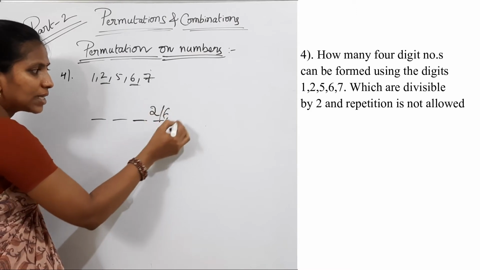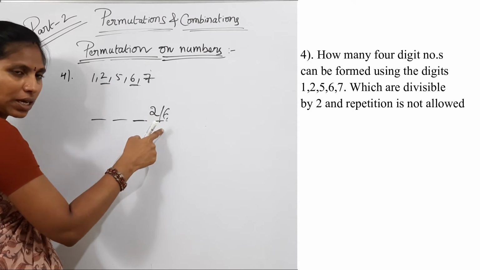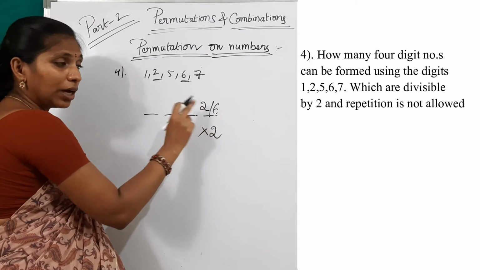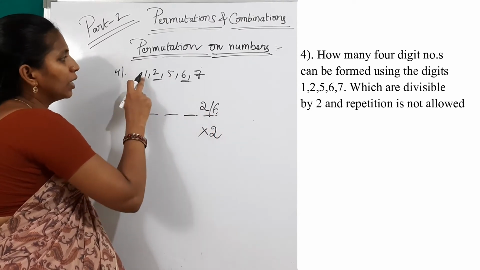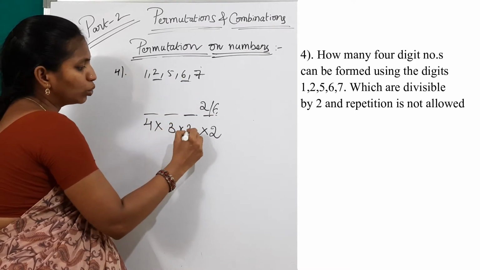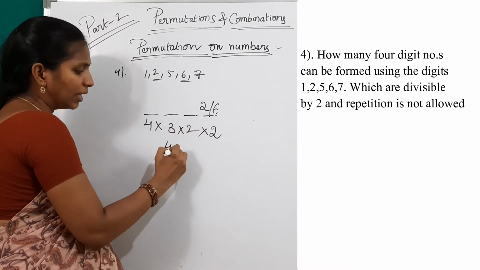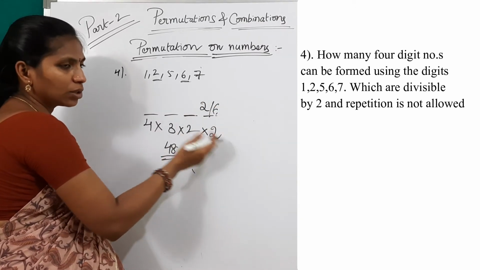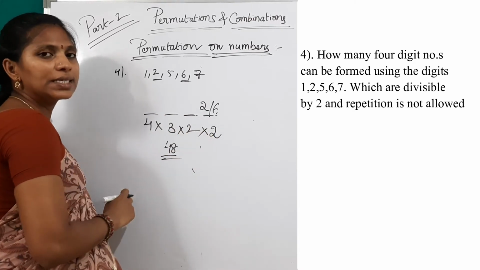How many chances are there? 2 chances, either 2 or 6, not both. The remaining are 4 digits, so 4 into 3 into 2. 4 into 3 is 12, 12 into 4 is 48, the direct answer. One time 2, another time 6, 24 and 24, 48. Directly into 2, then 48 is the result.